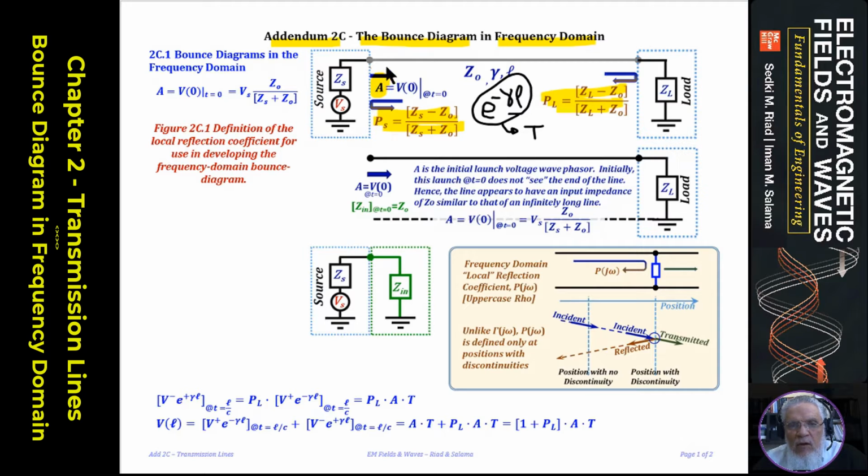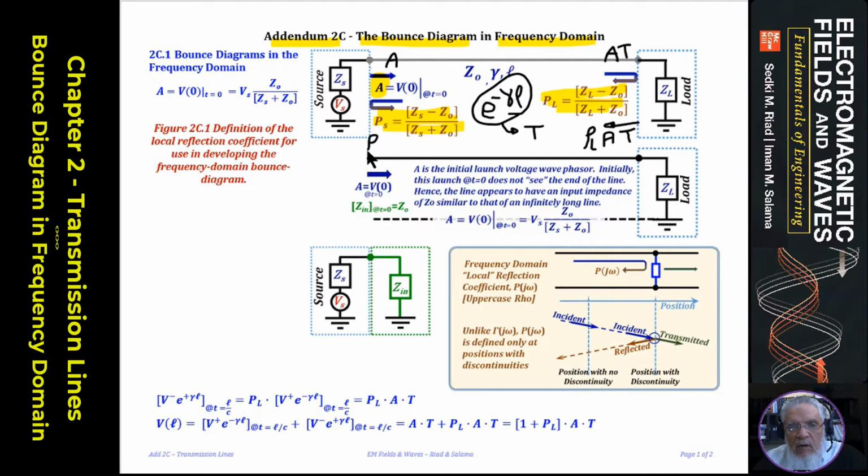So if we start with a signal launched at the beginning of the line as A, when it arrives here it is going to be A times T. It gets multiplied by this reflection coefficient. What comes back here is going to be rho sub L times A times T. That signal travels this way, and by the time it reaches the other end, the source end, it gets modified again by e to the minus gamma L. So there's another T here.